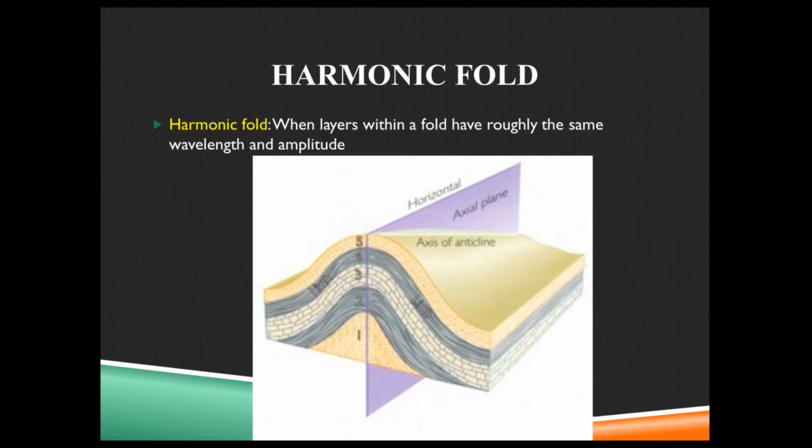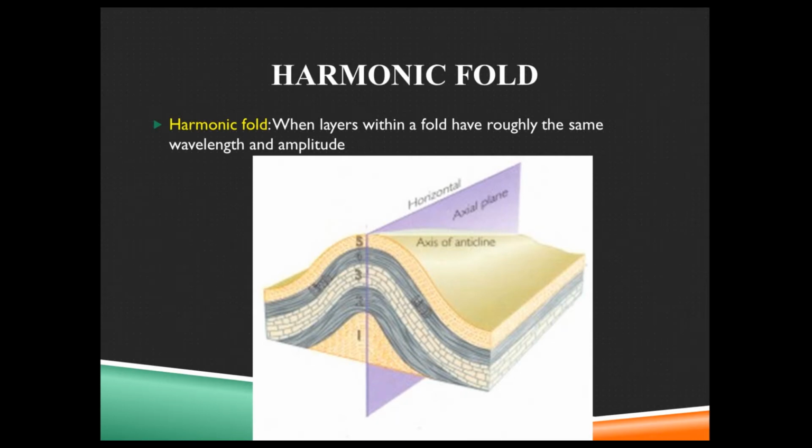A harmonic fold is a special kind of fold where the layers have roughly the same wavelength and amplitude for all the layers. This is kind of special because normally the ones in the middle, like layers 1 and 2, and even layer 3 in this example, will be more squished. They will have a smaller wavelength.